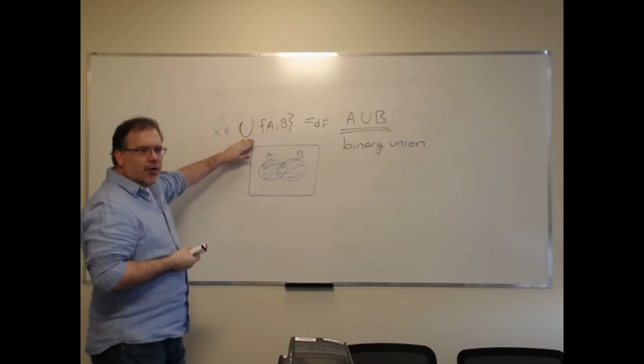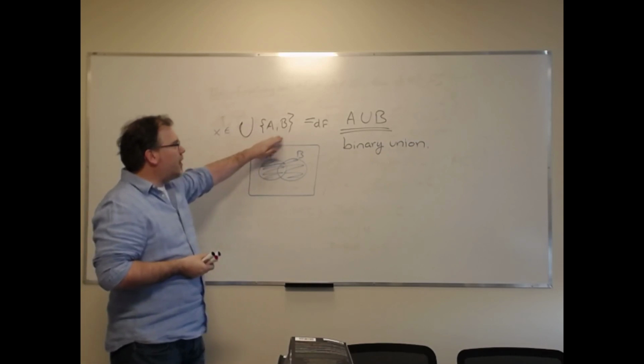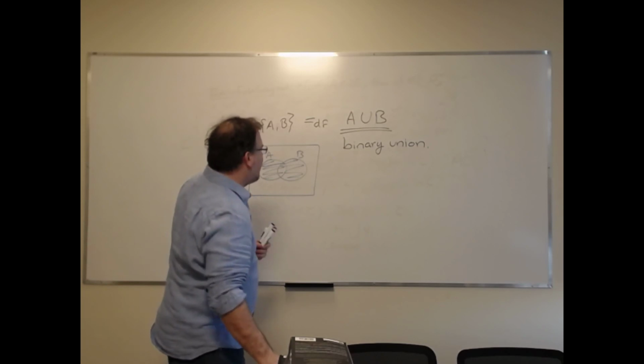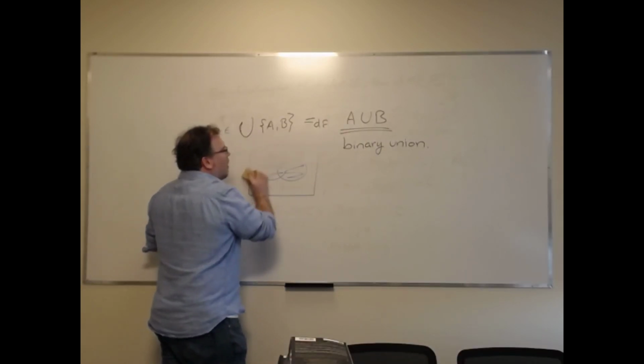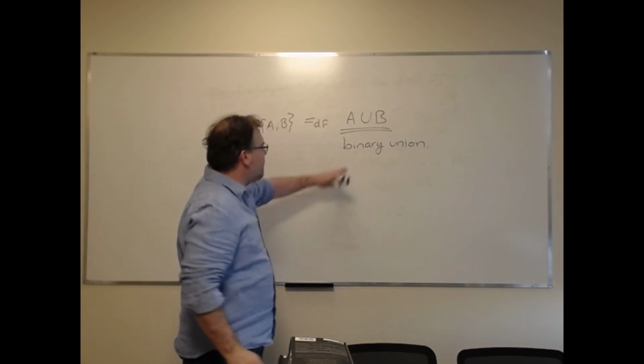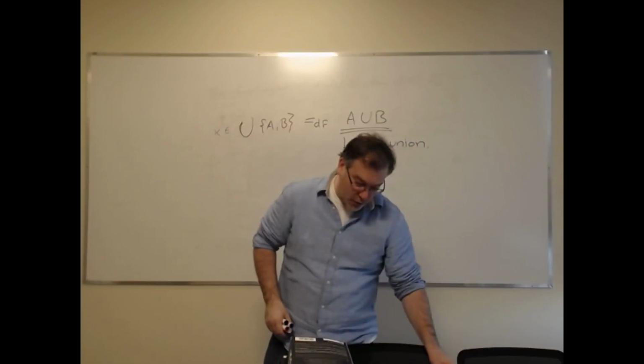It's our general union operator that we introduced with the union axiom, but applied to pairs of sets. And that is going to be our axiomatic justification for talking about binary unions. Fairly easy, I hope.